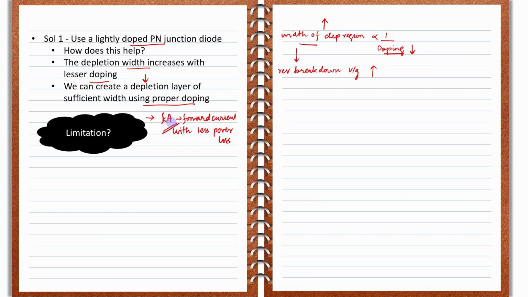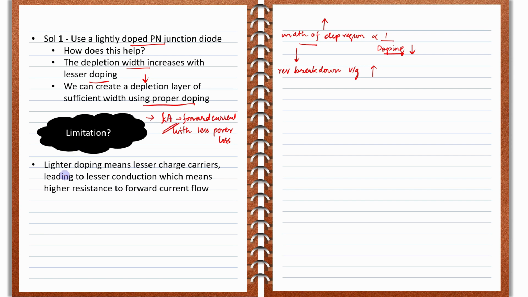But the problem with lighter doping is that you are having less charge carriers. When you are having less doping, naturally the charge carriers are less. So naturally the conductivity of the material will decrease.